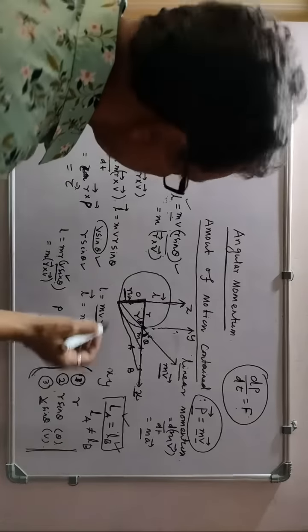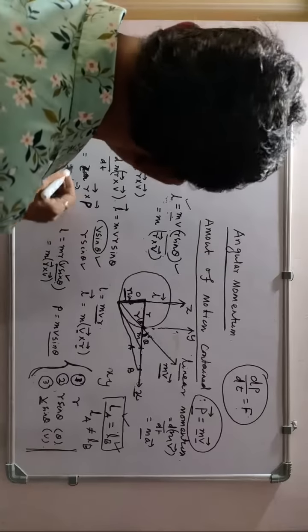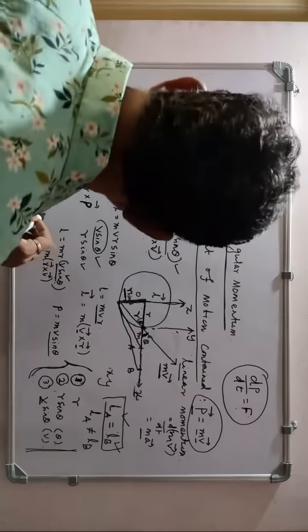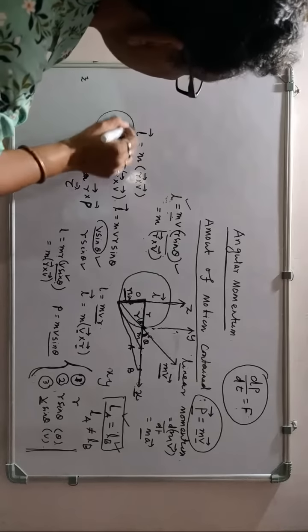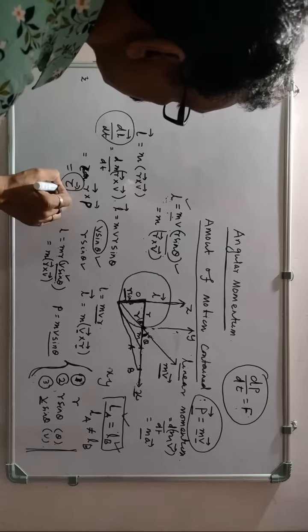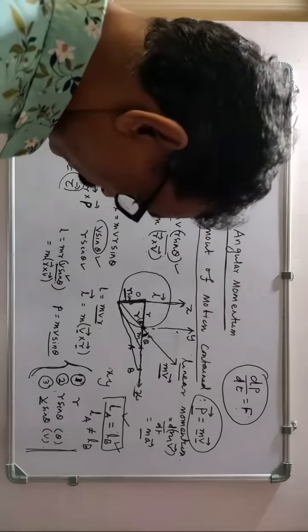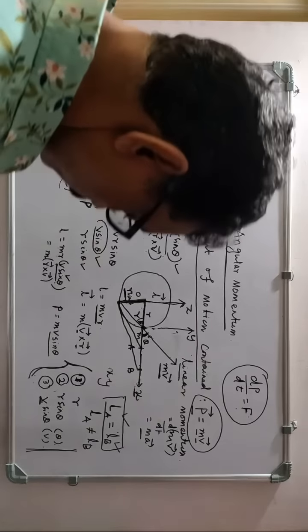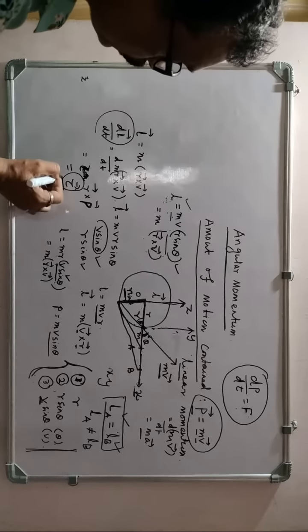So now you are acquainted with the angular momentum of a single particle. For a single particle, the rate of change of angular momentum is equal to the torque. For a large number of particles, n number of particles, or for a system of particles, we take the vector sum.